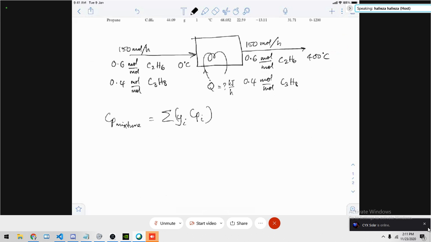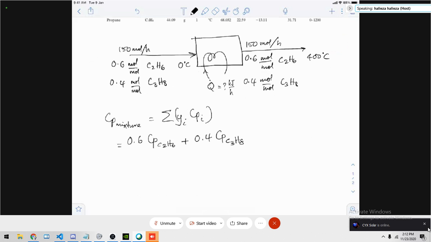Since we have ethane and propane, your ethane mole fraction is 0.6, so get the heat capacity of ethane. The mole fraction of propane is 0.4, so multiply that with the heat capacity of propane.